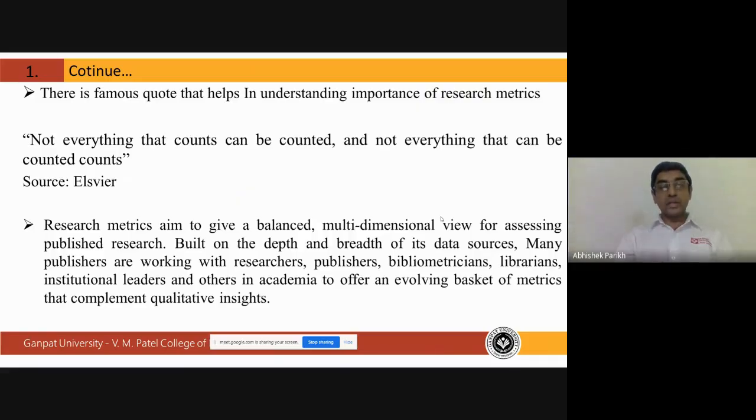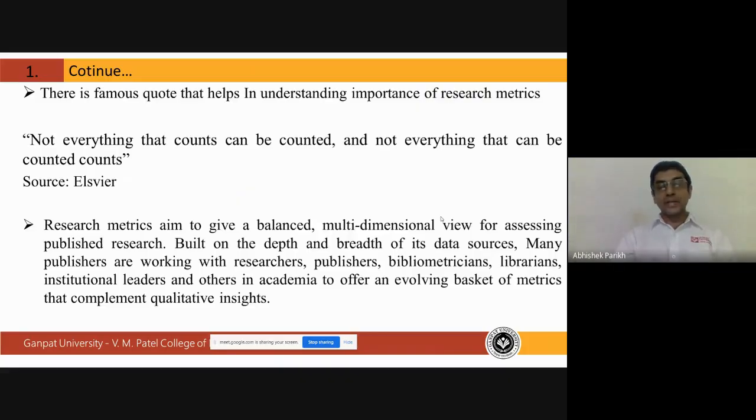If we try to understand what this quote means in terms of research or publication: many times an author may have 50 plus publications, but those 50 plus publications are not necessarily a contribution.